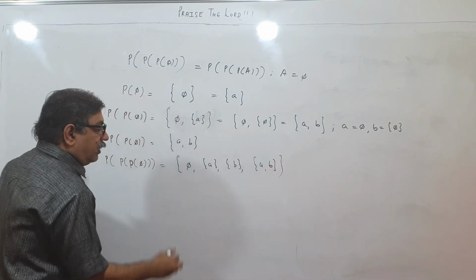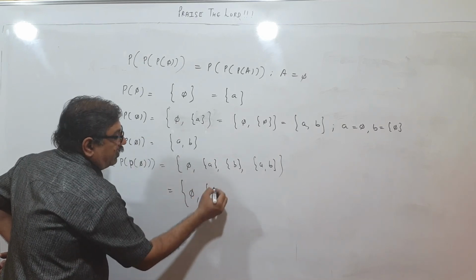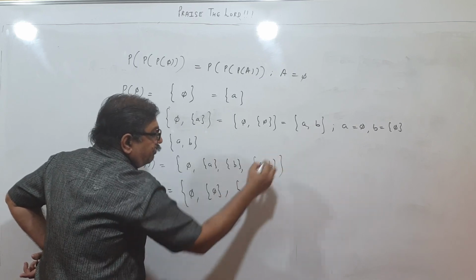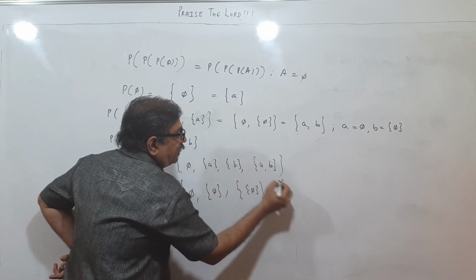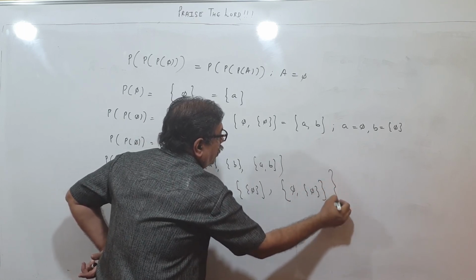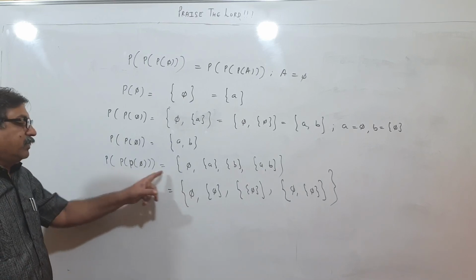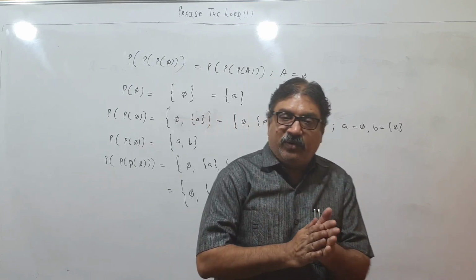Okay? Let us put back null set. What is A? Null set. What is B? B is the set null set. And this is A means null set. Like this equation. This is the power set of null set. Like this equation. Okay, thank you and God bless you children.